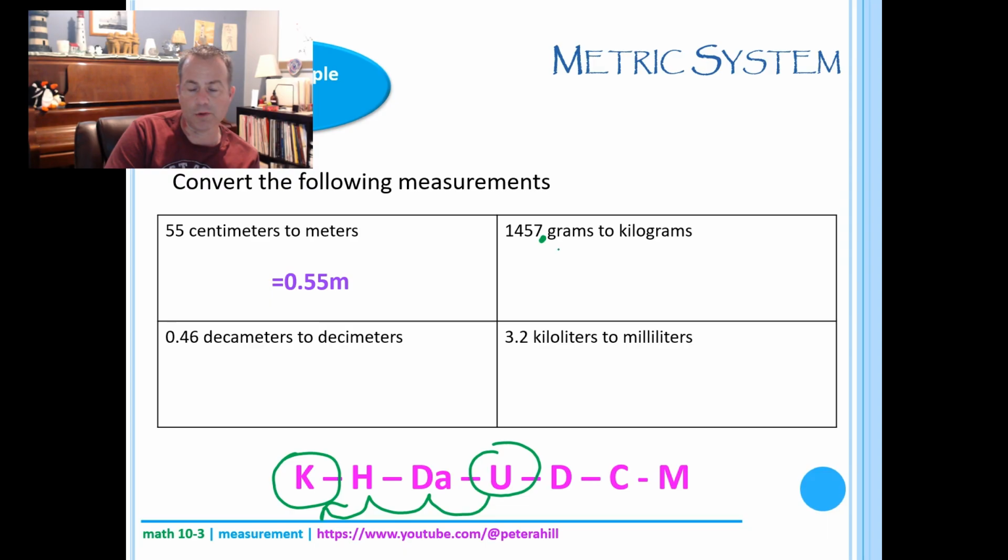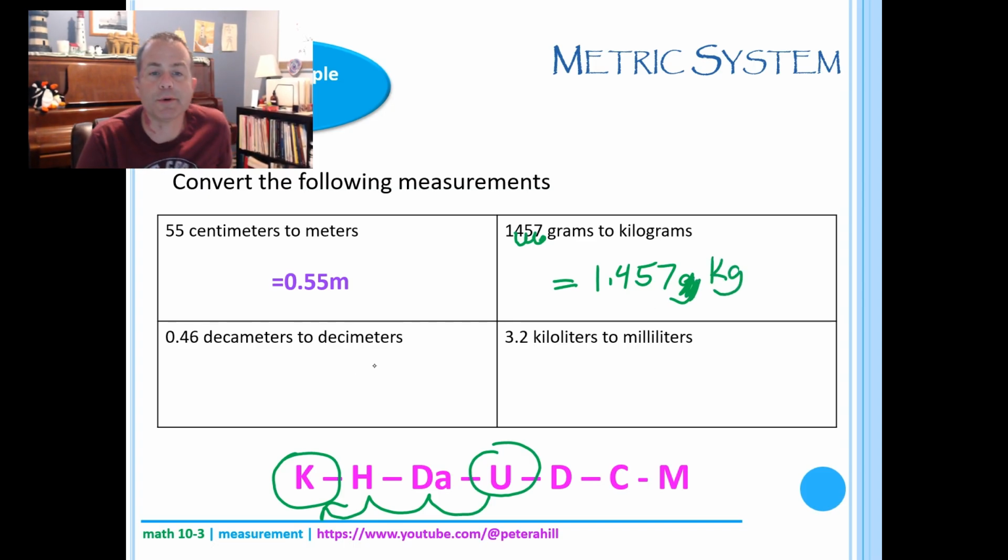So right now, my decimal place is right there. So I'm going to go 1, 2, 3 to the left. So that'll equal 1.457 kilograms. Oh, sorry, kilograms. My bad.